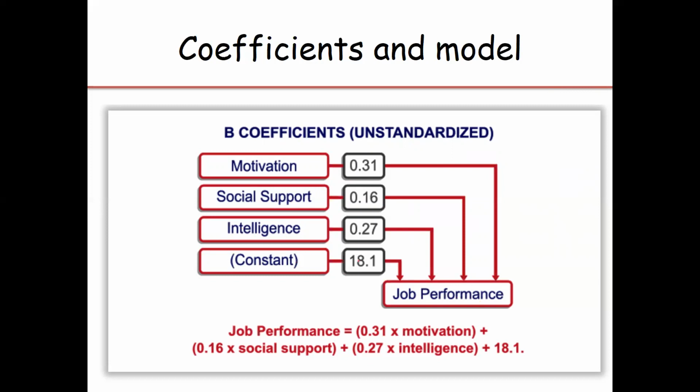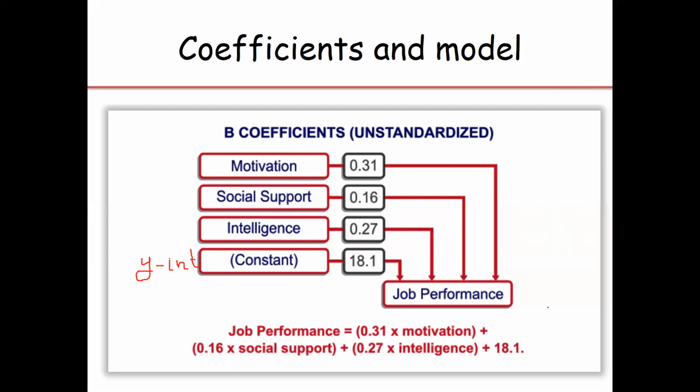And this is the only constant, which is known as the y-intercept in the model. These are the first slope, second slope, third slope.